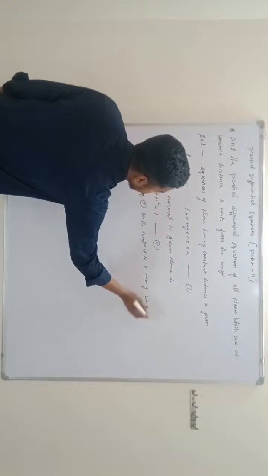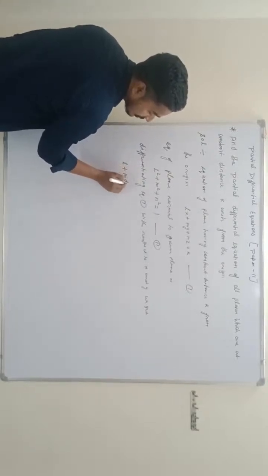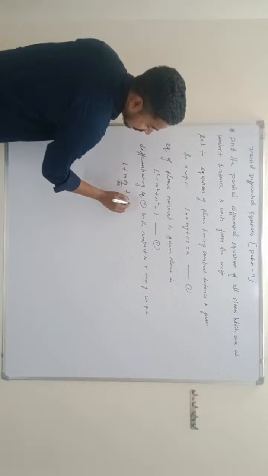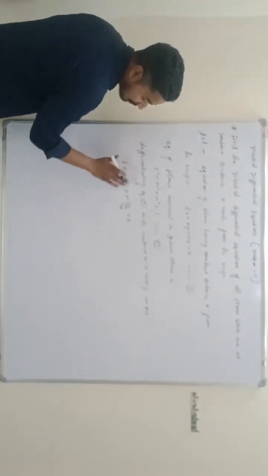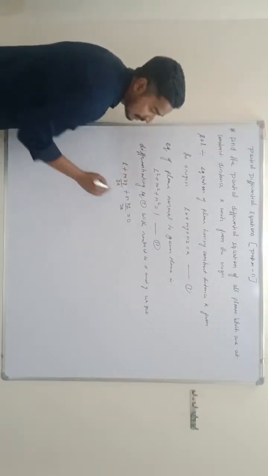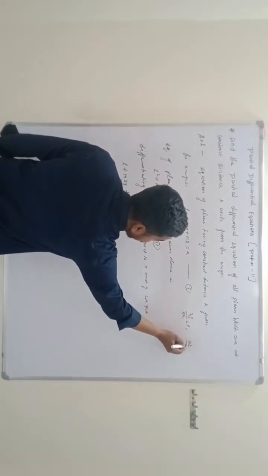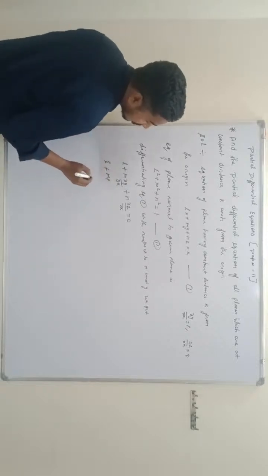First, differentiating with respect to x, this gives L + M dy/dx + N ∂z/∂x = 0, since k is constant. We denote the partial derivatives: ∂z/∂x is given by p and ∂z/∂y is given by q. So we write L + MP.